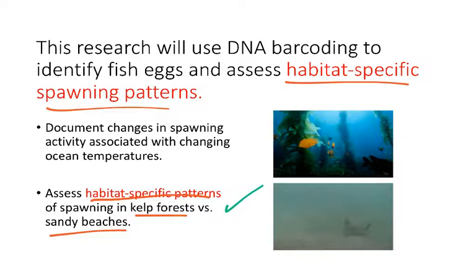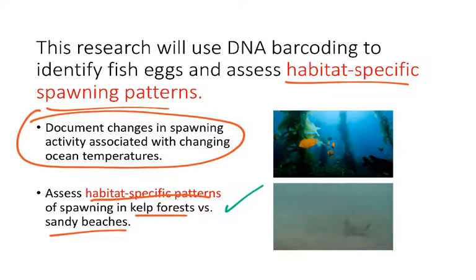The problem is that now our first aim doesn't match our general research question anymore, because our general research question specifically states we're looking at these habitat-specific spawning patterns, and that's all it says. Now, where this first aim is talking about changing temperatures, it doesn't make sense anymore because changing temperatures don't really relate to habitat-specific things.